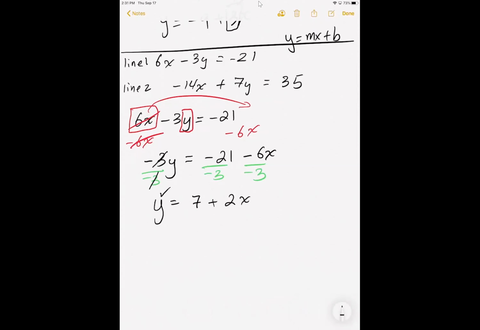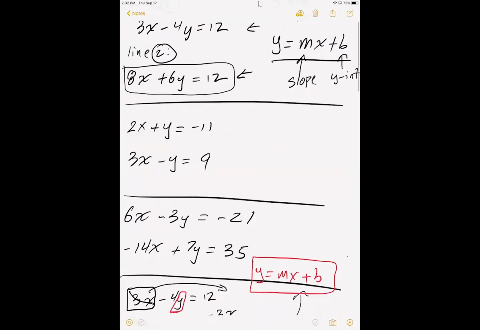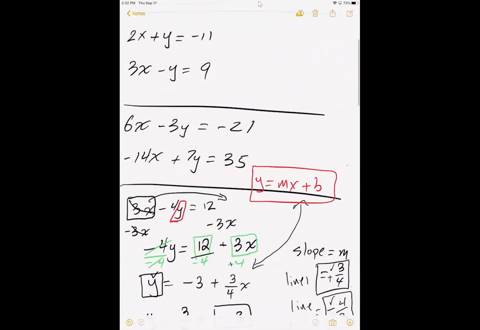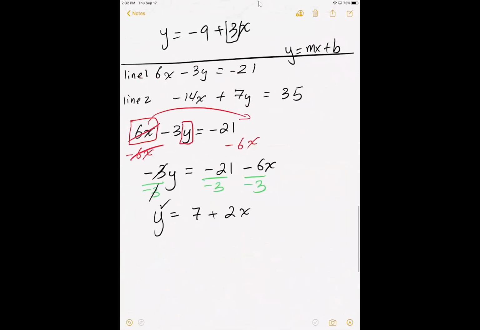And again, if you don't want to move the 2x back in front, it's fine. Just recognize that the 2 is your slope and this is your y-intercept, all right? If you want to make it consistent, everybody see that 7 plus 2x is the same as 2x plus 7, right?